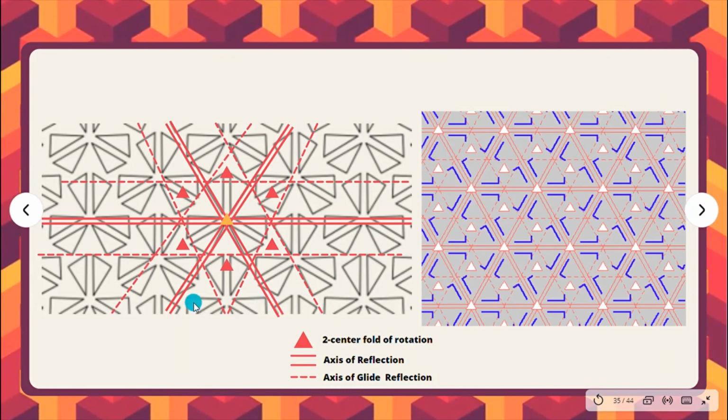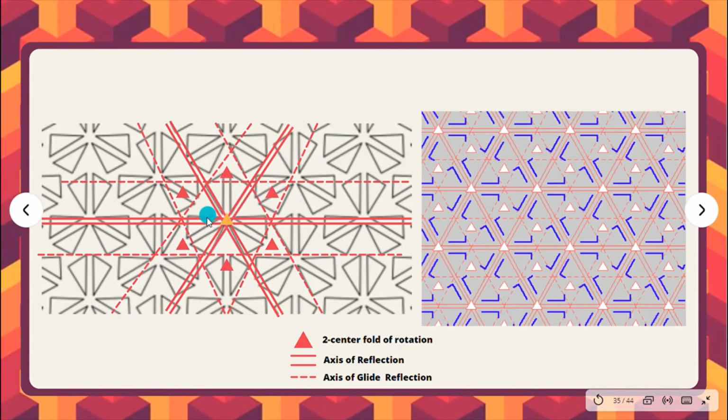We can see here that it is a combination of three centerfold rotations here, an axis of reflection here, the double lines here, and an axis of glide reflections. I have used a yellow triangle here to depict the center.